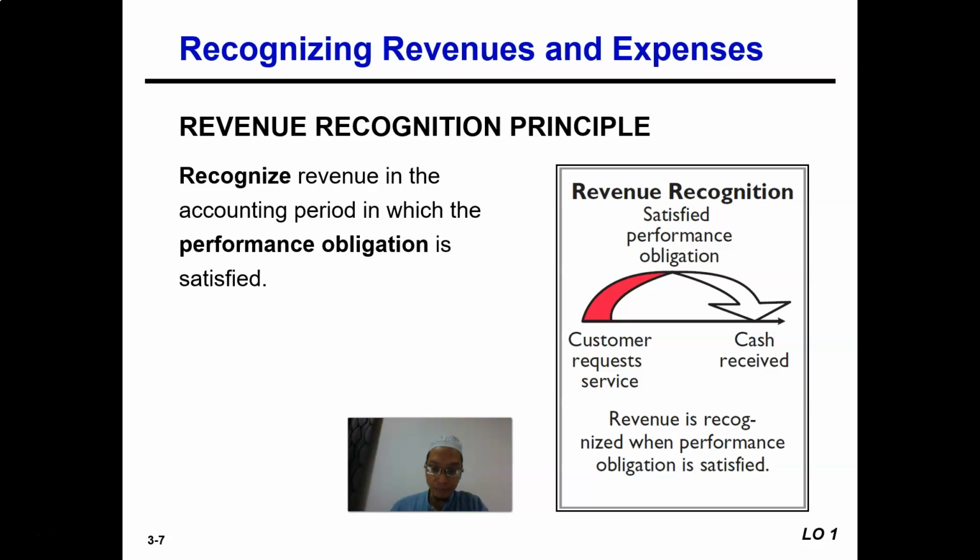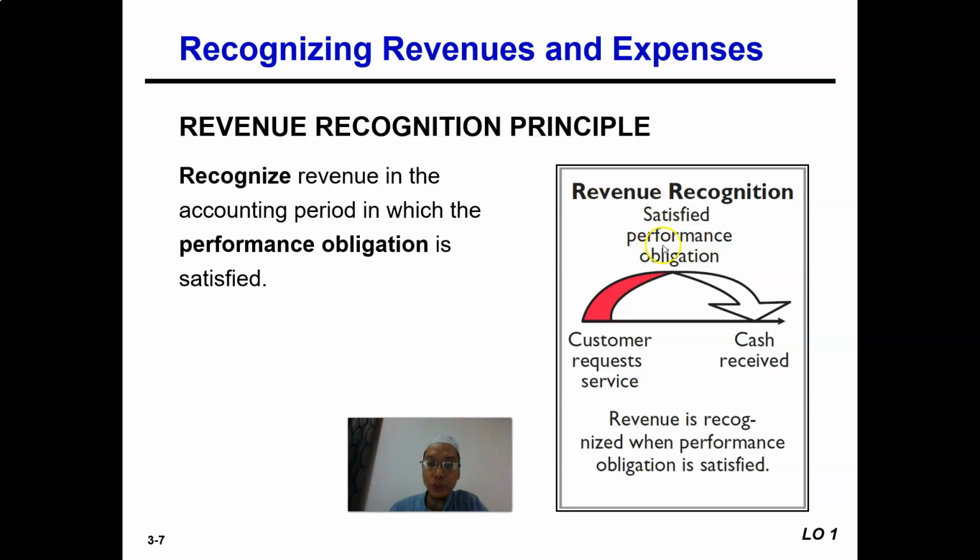So comes the issue of when we should recognize: should we recognize the transaction in one accounting period, or in the next accounting period? From the revenue recognition principle, we need to recognize revenue in the accounting period where the performance obligation is satisfied.